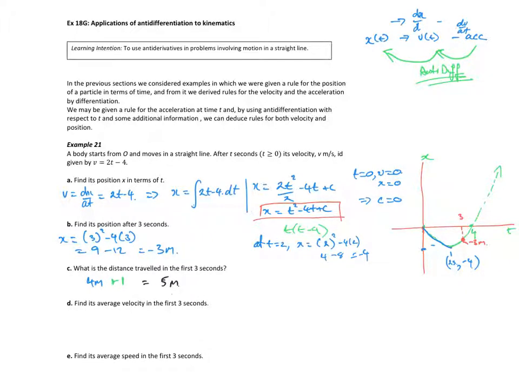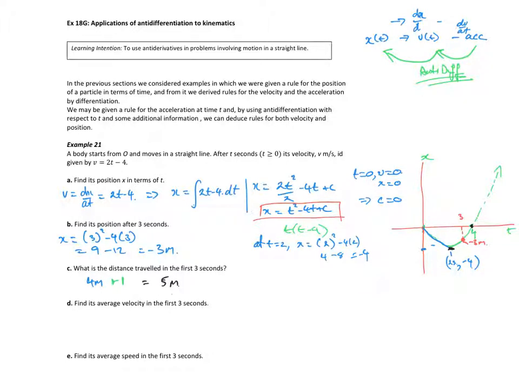Just like when we get back after 4 seconds, we're back at our starting point. So clearly we haven't travelled 0 meters in the first 4 seconds. My displacement is 0, but the distance I've travelled, I went 4 meters to the left, and then I came back 4 meters to get to the starting point again.